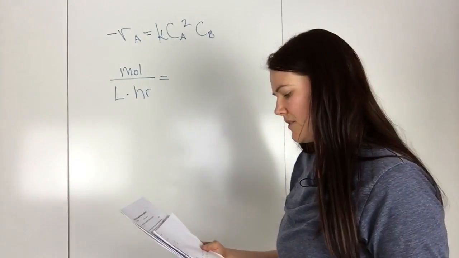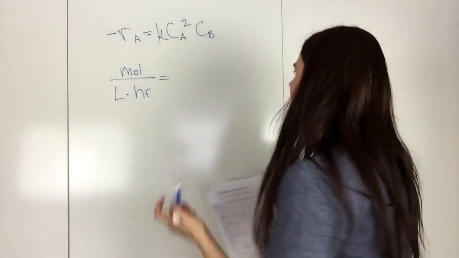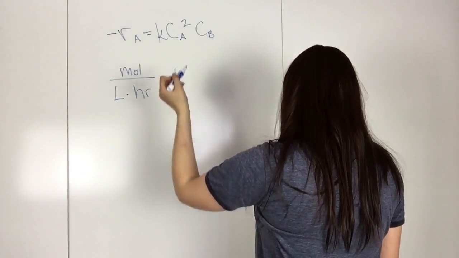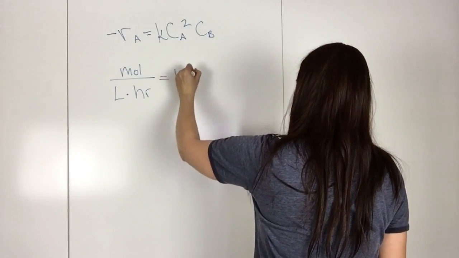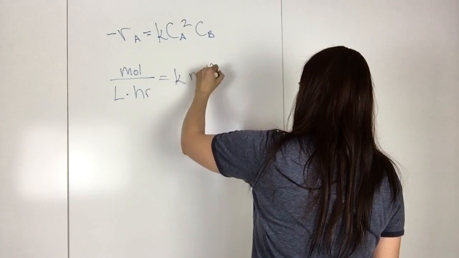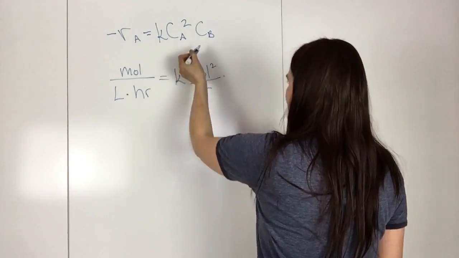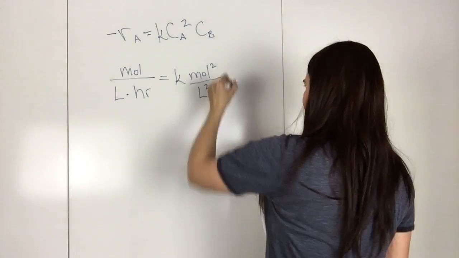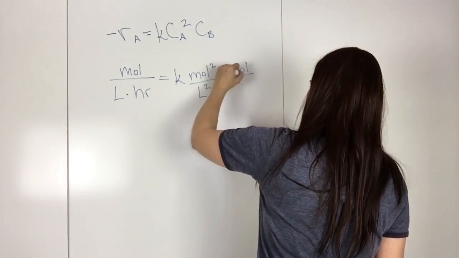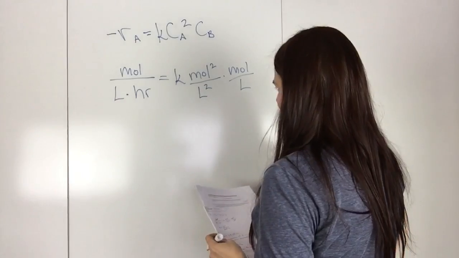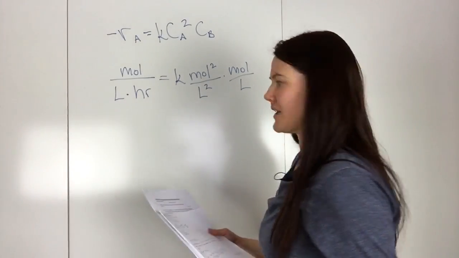The way you figure out the units for the rate constant is you just write down the units for everything else. You have a concentration that's squared, so that's moles squared per liters squared. And then you have another concentration that's not squared, so you have moles per liter. Then you can just start canceling things out and see what's left to figure out what K is.